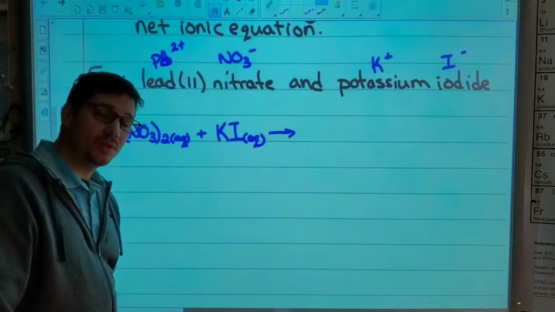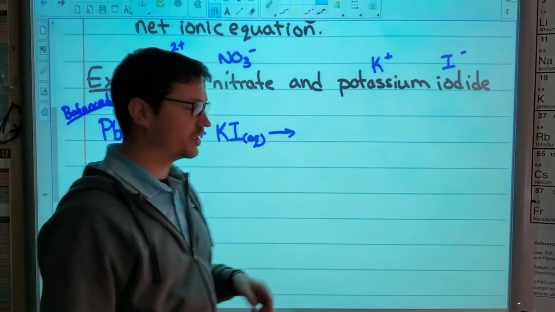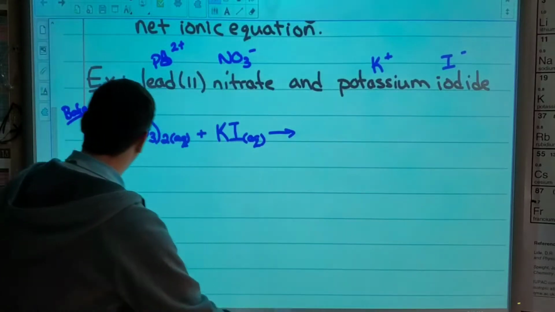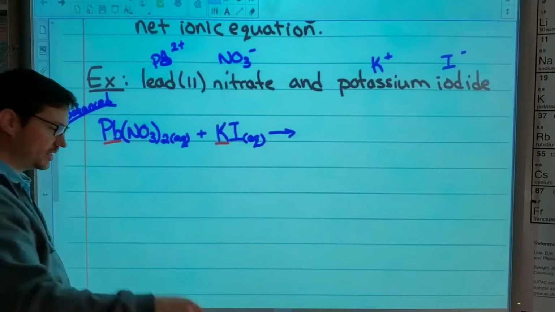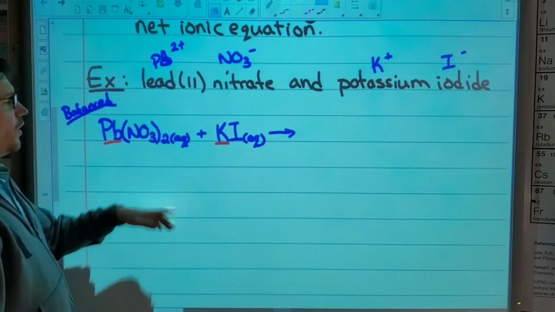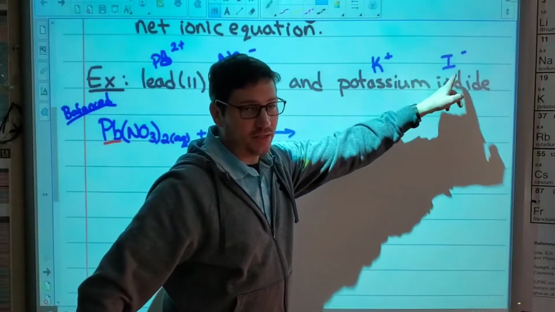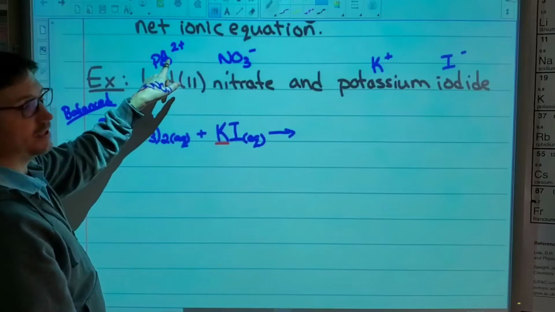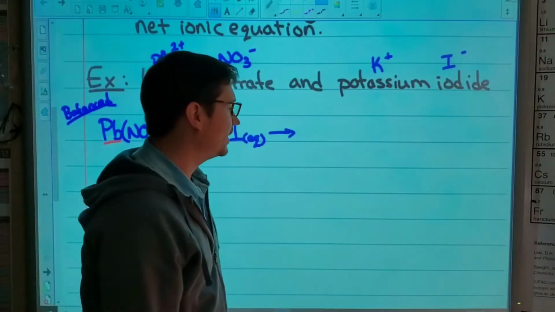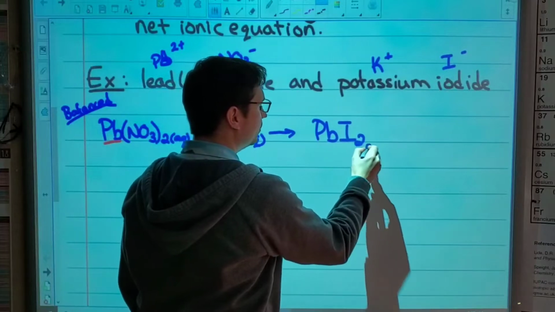And in a double replacement reaction, the metals, or the nonmetals, swap places with each other. So the lead and the potassium are going to trade places. Now if lead 2 and iodide come together, the lead is going to be with the iodide. We need 1 lead and 2 iodides, so PbI2.